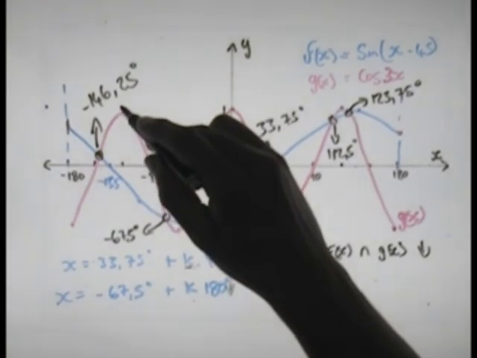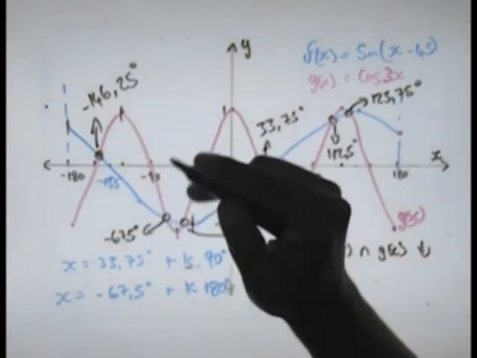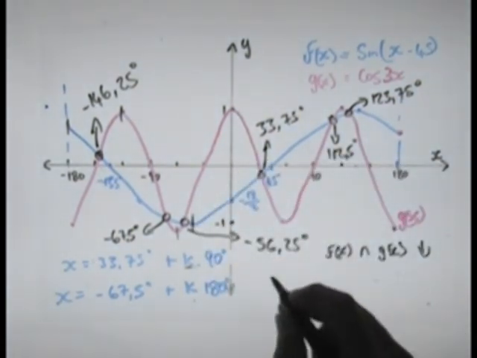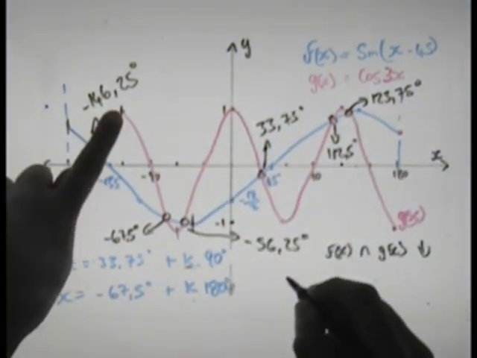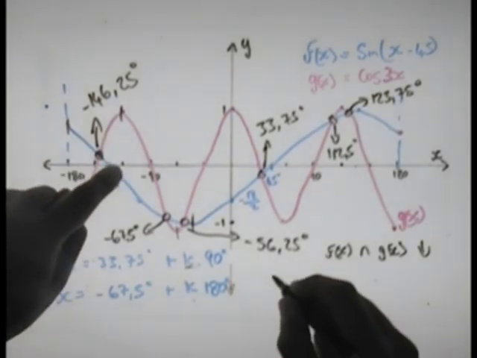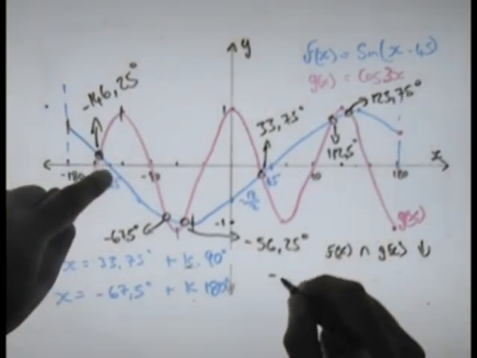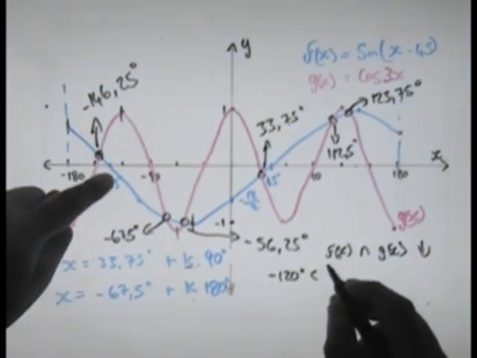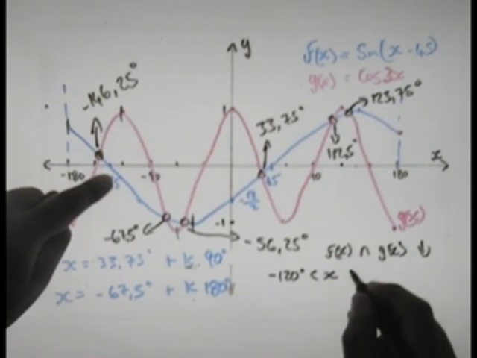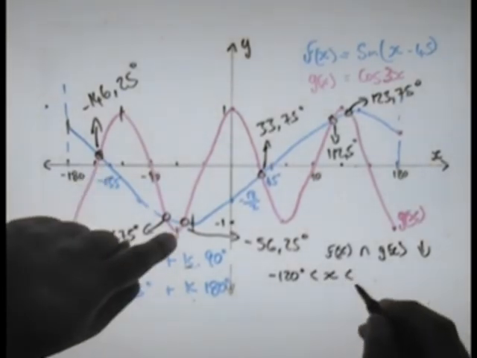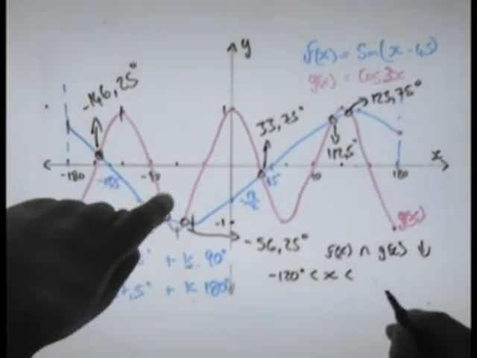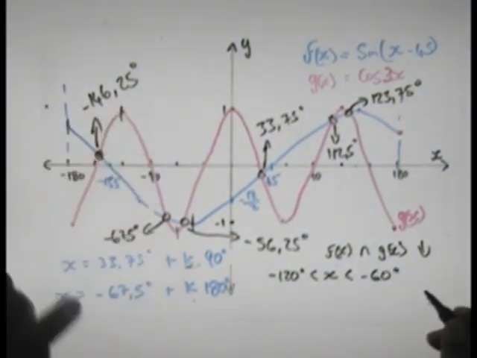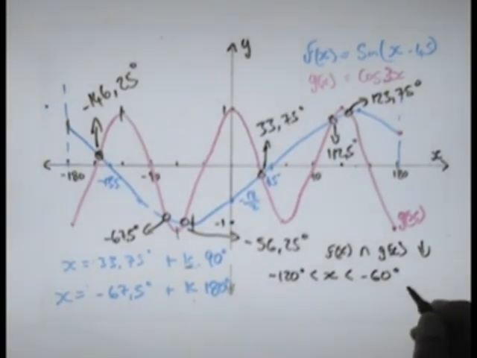The g of x graph is decreasing from there till there. So when both of these graphs are decreasing lies between the points x is equal to negative 120 degrees all the way up until x is equal to negative 60 degrees. From there to there, both graphs are decreasing.